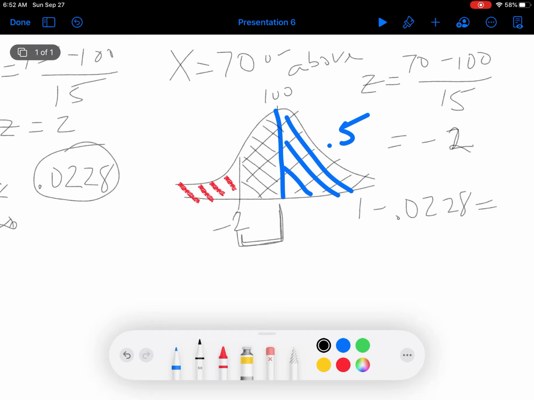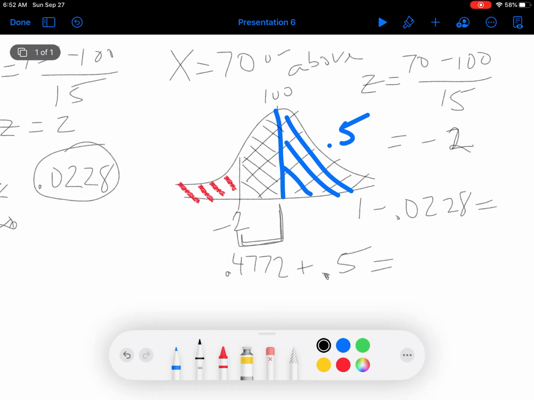We can find from z to the mean. So if we look at the table again, at a z-score of 2, we see that the part of the distribution from 2 to the mean is 0.4772. So we know that this part here is 0.4772. That's its proportion.